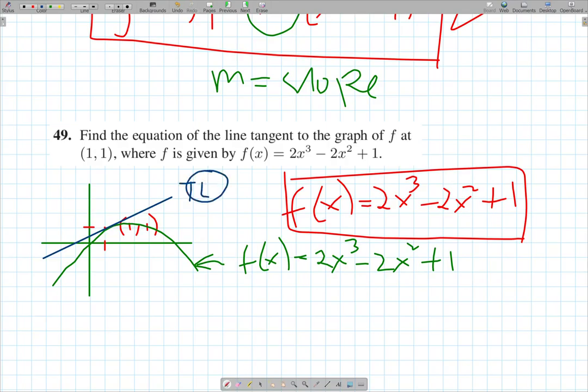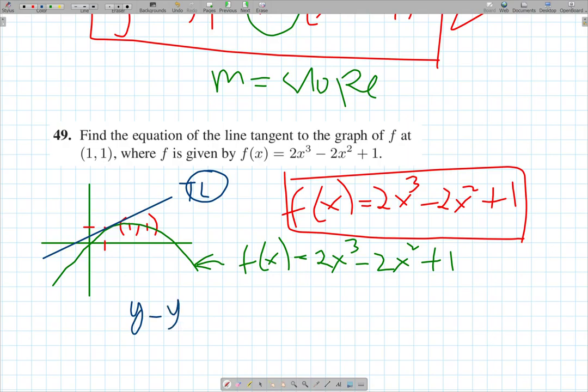Ayan. So, we are looking, class, for the equation of the tangent line. Ito siya. So, to solve the equation of the tangent line, dapat alam natin ang equation ng straight line. So, what is the equation of the straight line?